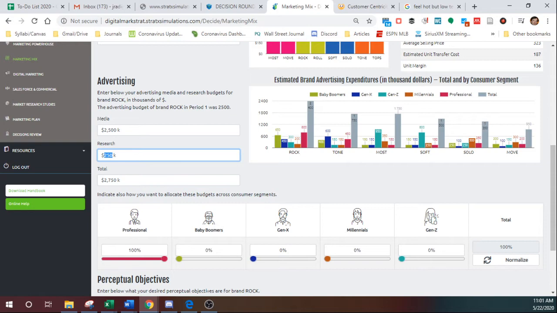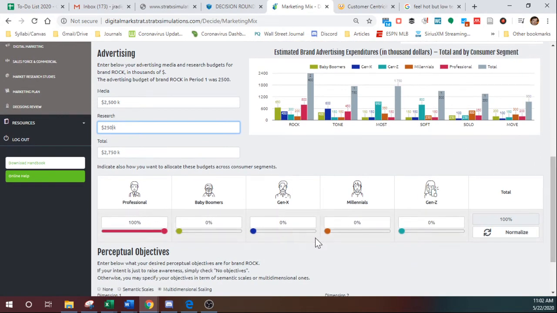Okay, so you want to make sure that you do sink some money into advertising research. As you go through the periods, if your repositioning efforts aren't really working, you're not really moving the needle, then I would argue that you need to increase your advertising research dollars.